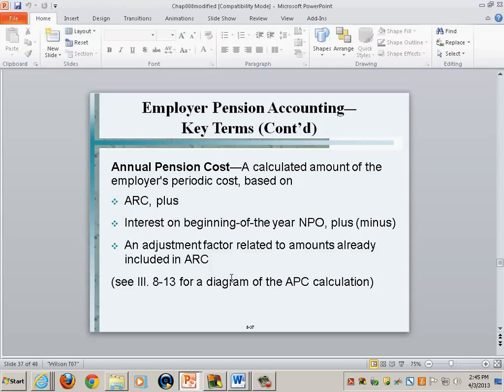What would you like to do? You'd like to take that liability and amortize it by putting more money into the plan, right? So the annual required contribution, therefore, is not only your current year's costs, but also amortization of your unfunded accrued liability, okay?